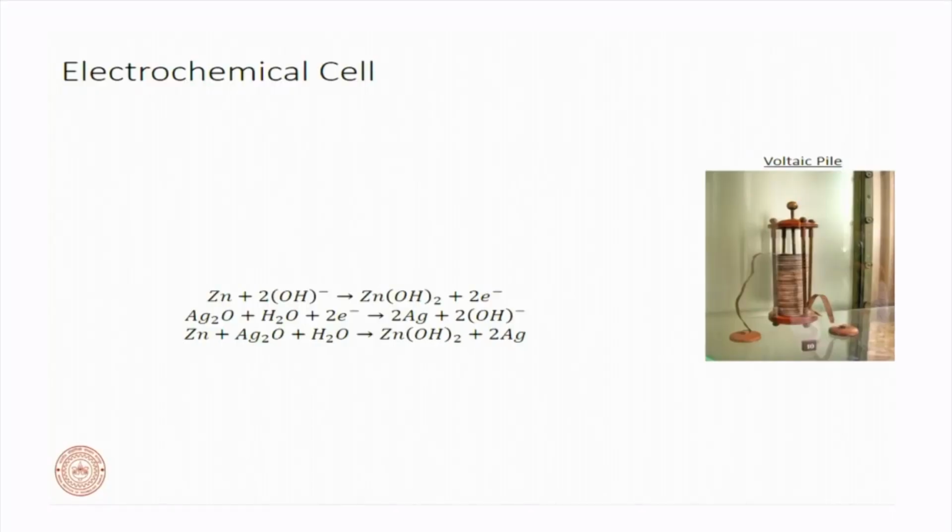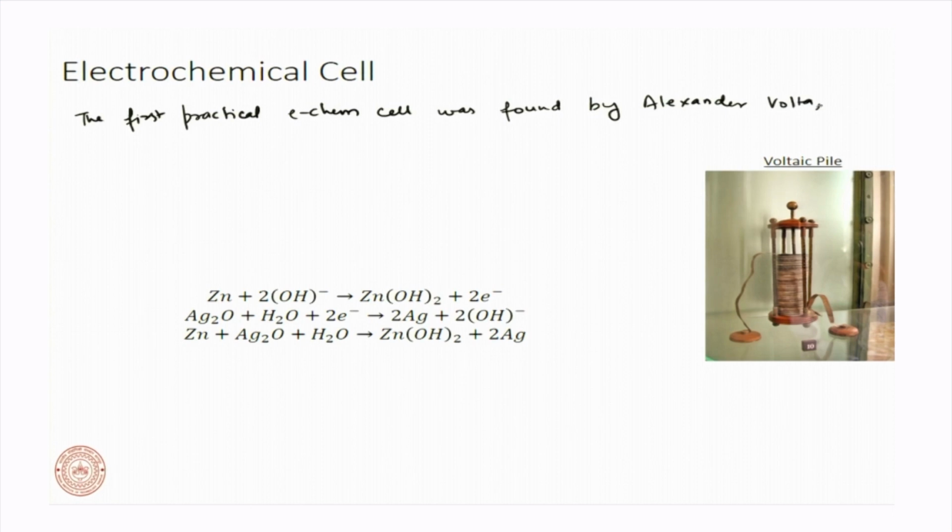Okay. So, the first practical electrochemical cell was found by Alexander Volta in the year 1800, right.